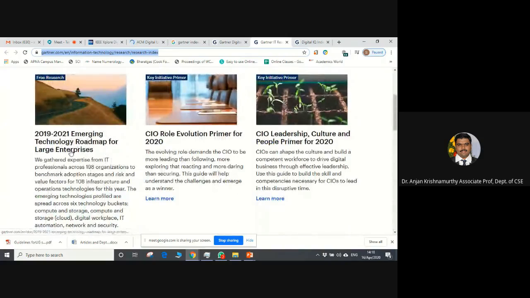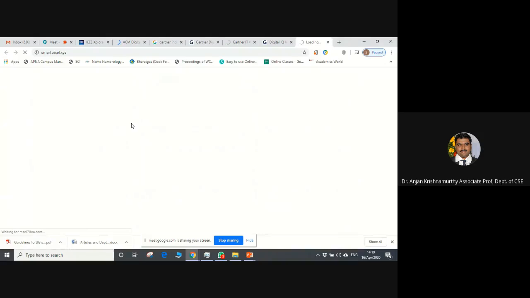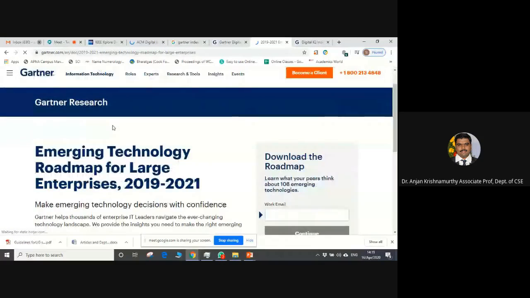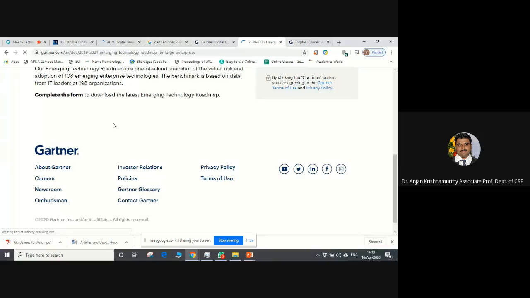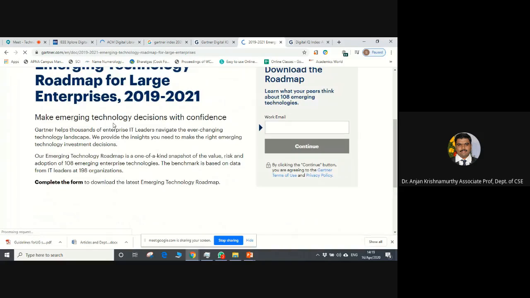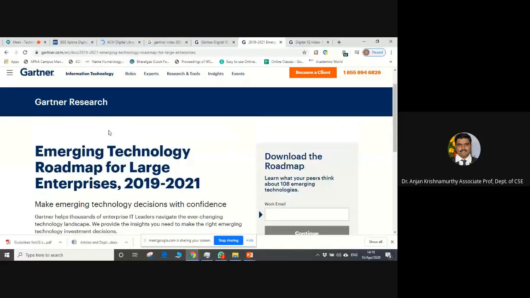If I take the emerging technology roadmaps for large enterprises, it shows me the roadmap between 2019 and 2021. What are the different trends and emerging technologies in large enterprises, right? So that is the way you search for a particular topic, right?